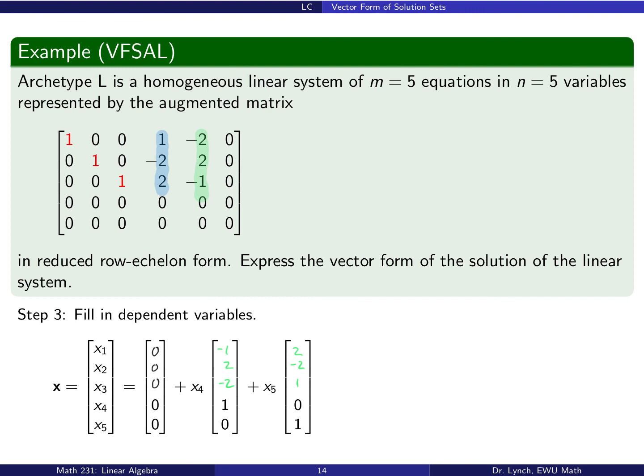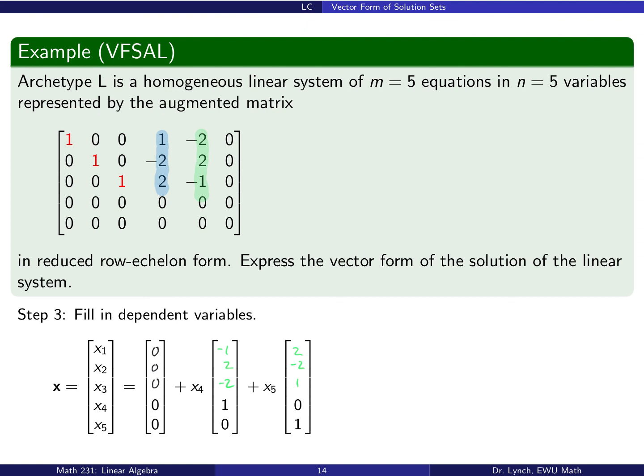Now here, with this homogeneous system, it turns out that that vector of constants is 0, right? And that makes sense when we have a look at it in hindsight, because of course the augmented column will be 0 because of a homogeneous linear system, and that one more vector corresponds to that augmented column.